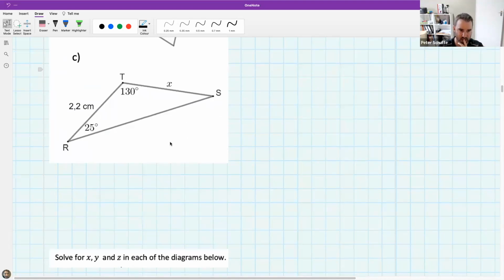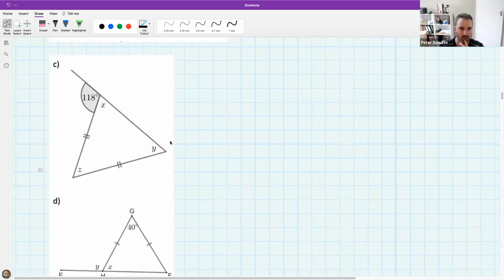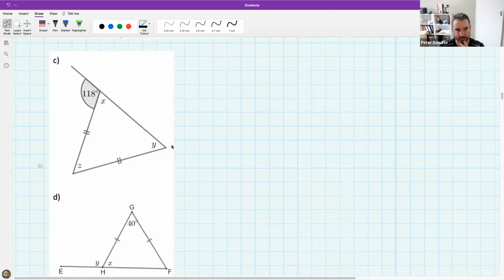Let's have a look. Let's not do that. Let's do this one. Let's do C. So in question C, I want you to find me the pink one, the green one, and the blue one.